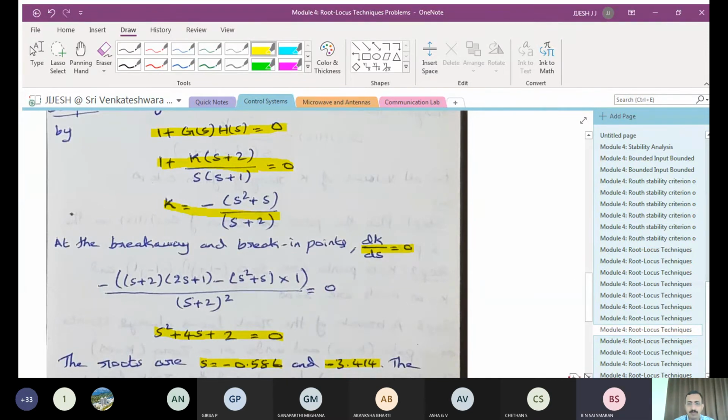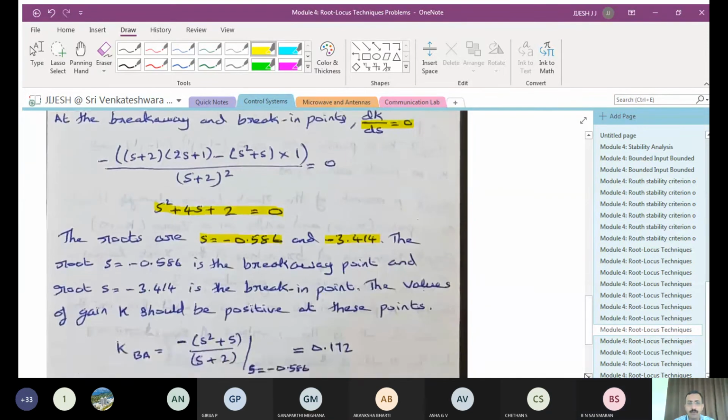So the root s equal to minus 0.586 is the breakaway point, and s equal to minus 3.414 is the break-in point.